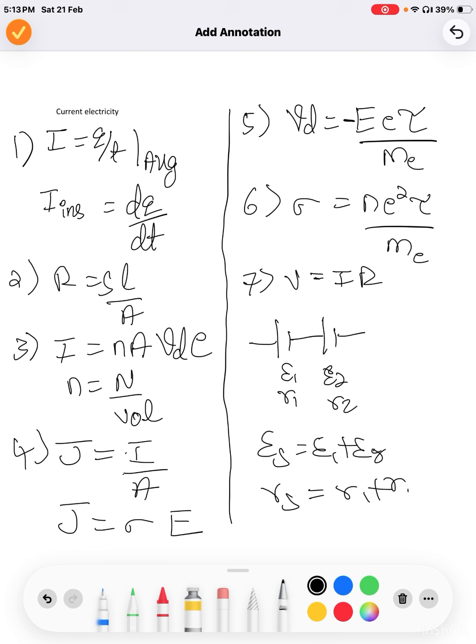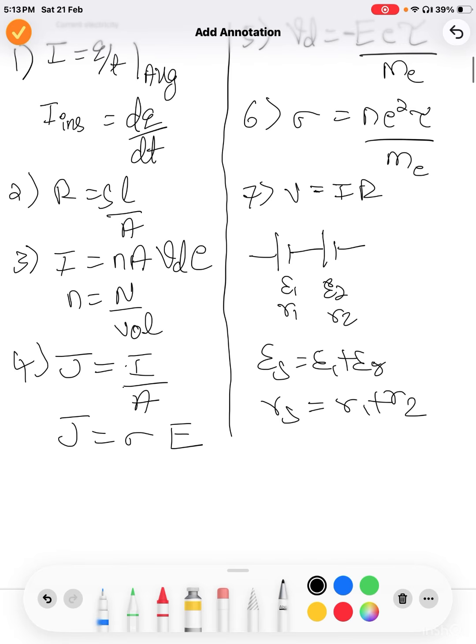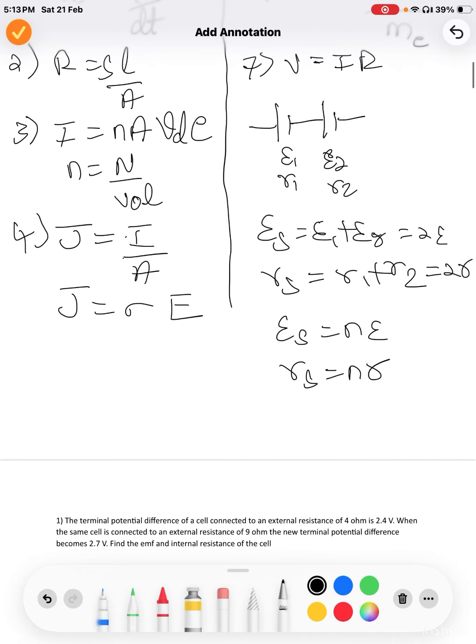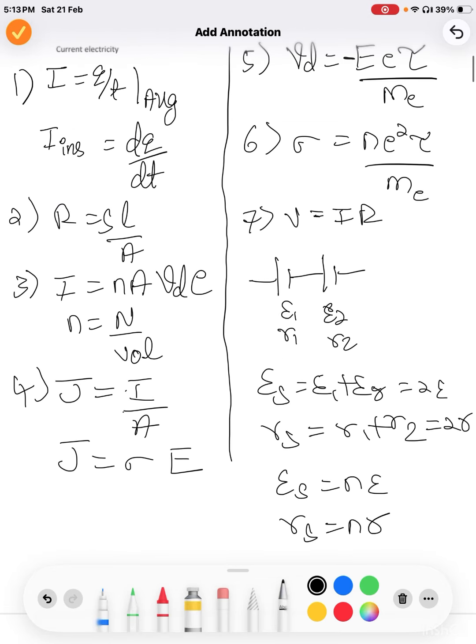R1 plus R2. In case E1, E2 ಎರಡು ಐಡೆಂಟಿಕಲ್ ಆಗಿದ್ರೆ ಆಗೇನಾಗುತ್ತೆ ಅಂದರೆ ಇದು ಸಿಂಪಲ್ ಆಗಿ 2E ಆಗುತ್ತೆ, ಈ ರೆಸಿಸ್ಟೆನ್ಸ್ ಬಂದು 2R ಆಗುತ್ತೆ. ಸೊ ಫಾರ್ n ನಂಬರ್ ಆಫ್ ಸೆಲ್ಸ್ ಐಡೆಂಟಿಕಲ್ ವಿಚ್ ಆರ್ ಕನೆಕ್ಟೆಡ್ ಇನ್ ಸೀರೀಸ್ ವಿಲ್ ಬಿಕಮ್ ES equal to nE and RS become nR. Simple.